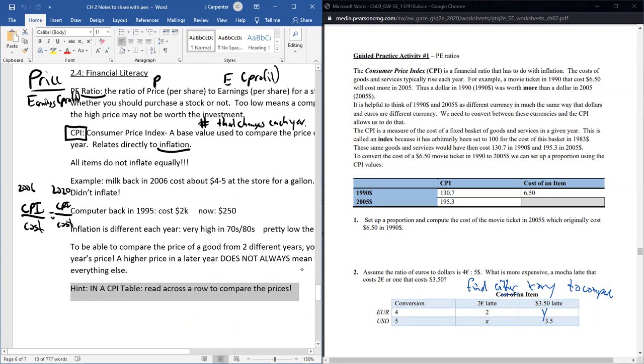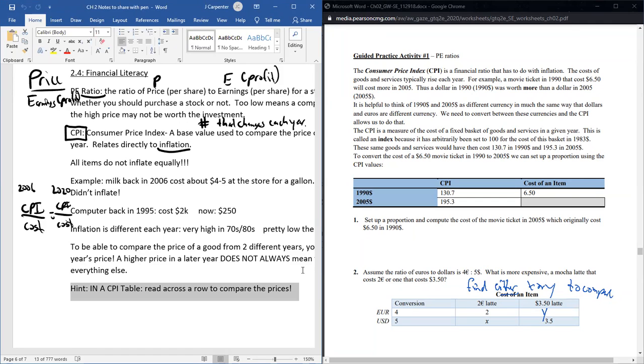They asked us to convert the 2 euro latte to the American dollar. And then we're going to compare the price converted to the actual US latte. So this is like Starbucks in Europe versus Starbucks in America. In Starbucks in Europe, you're paying 2 euros.